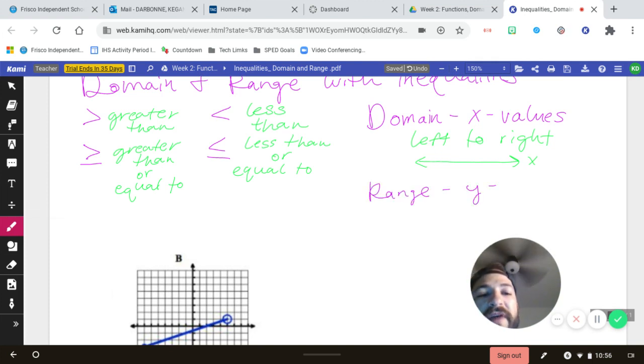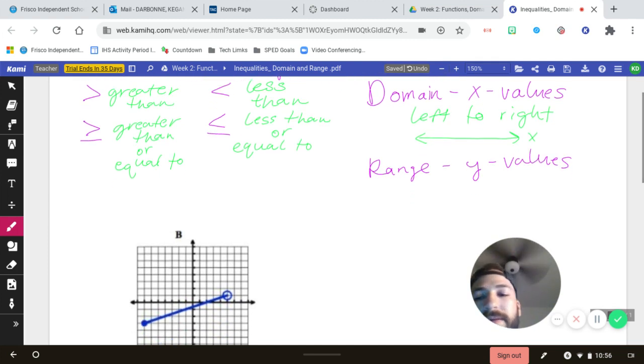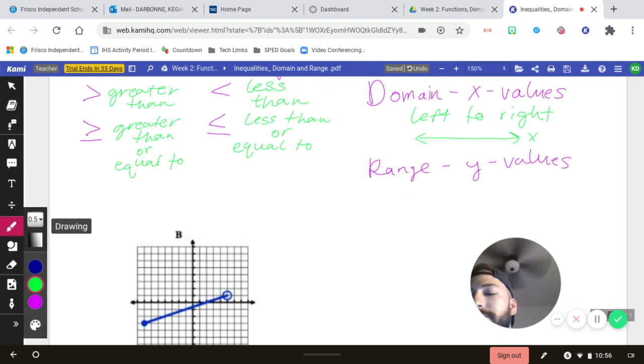Our range has to do with our y values, and y values go, sorry, other way around, down to up. So our nice little vertically moving values.